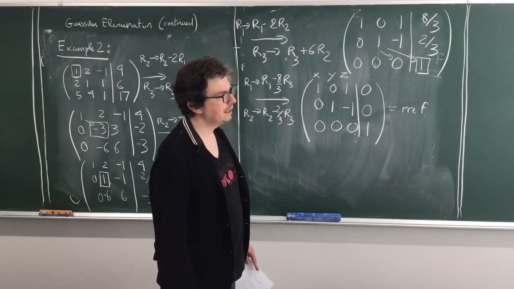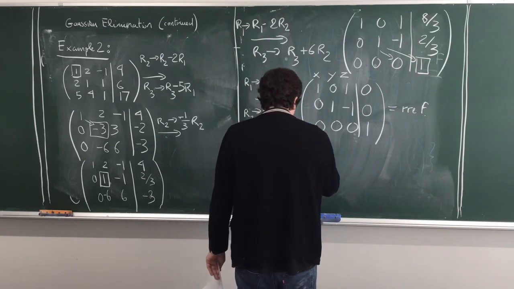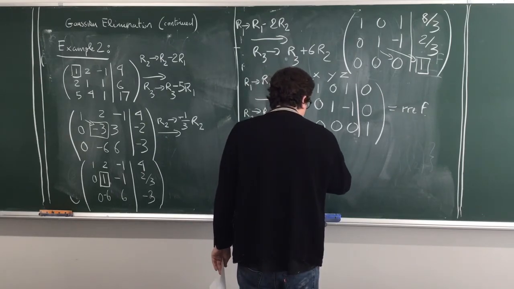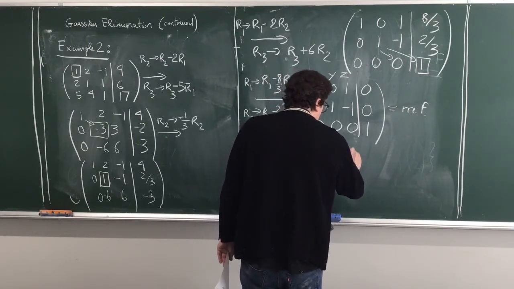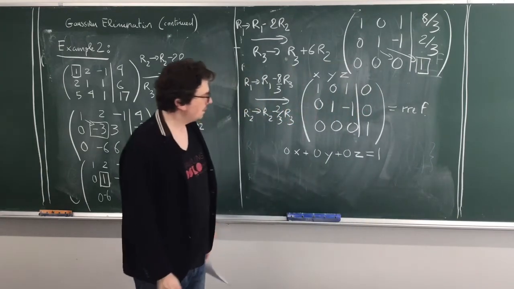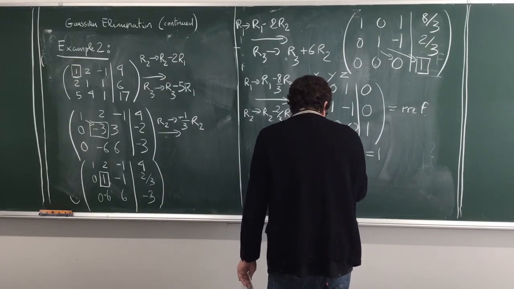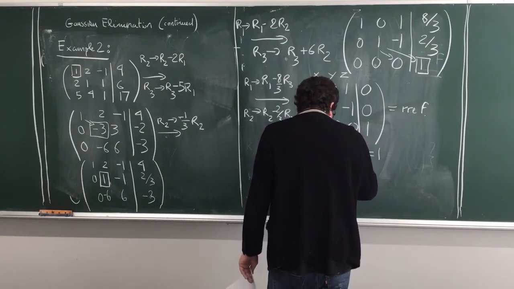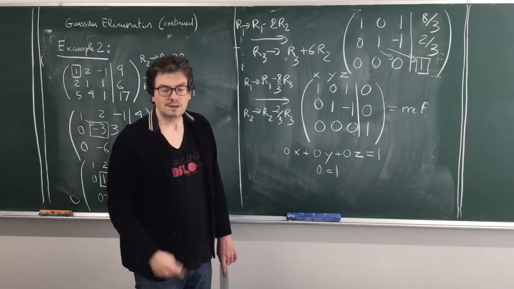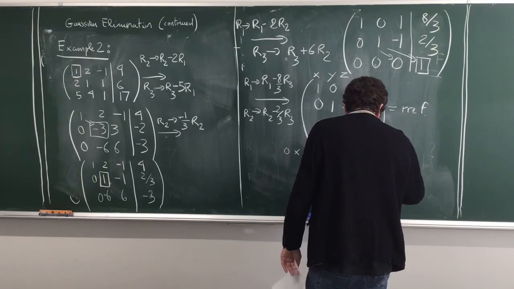What does it mean? This equation means 0 times x plus 0 times y plus 0 times z equals 1. But you see, this can be read as 0 equals 1. Impossible, okay? This is impossible, obviously. What does it mean?